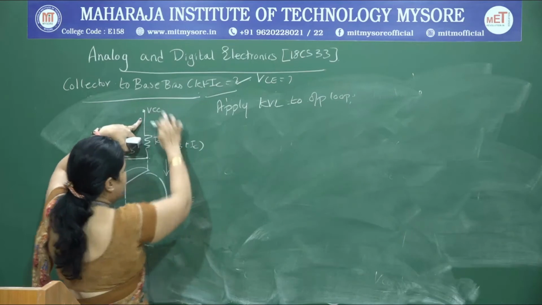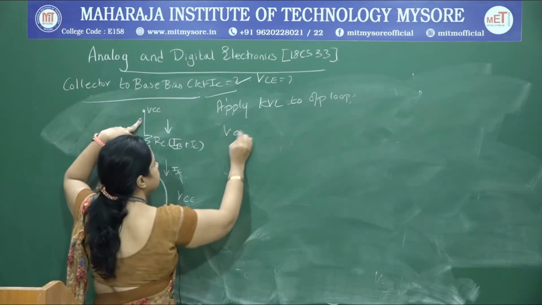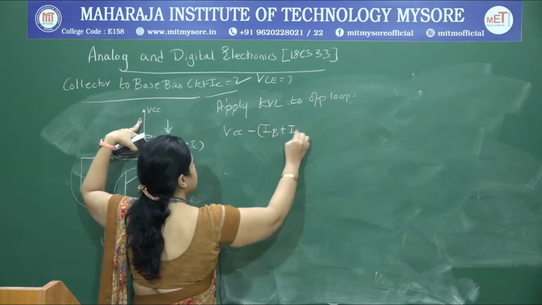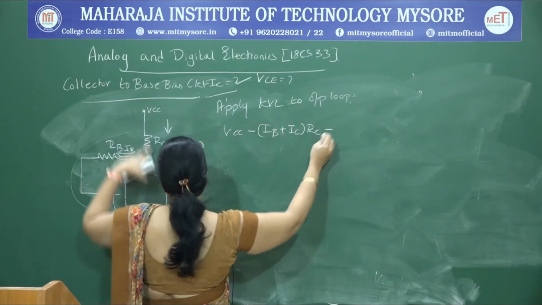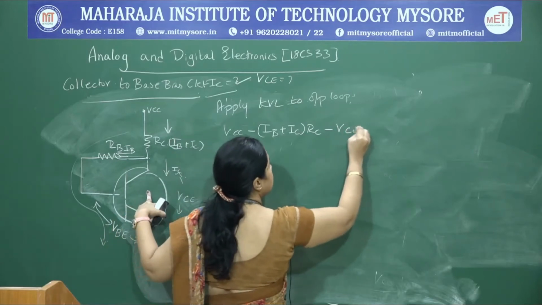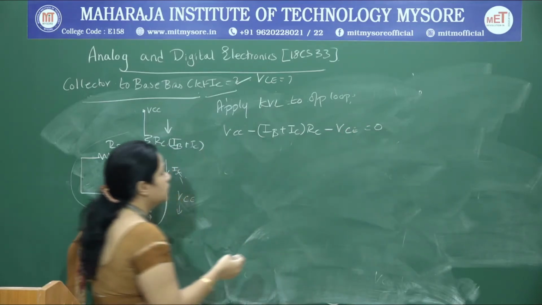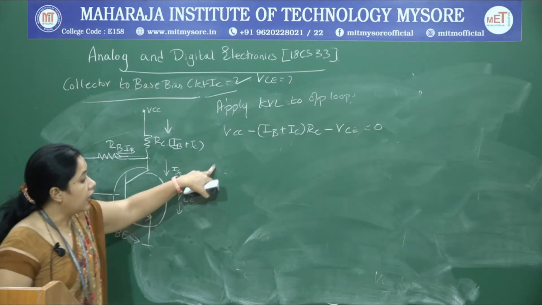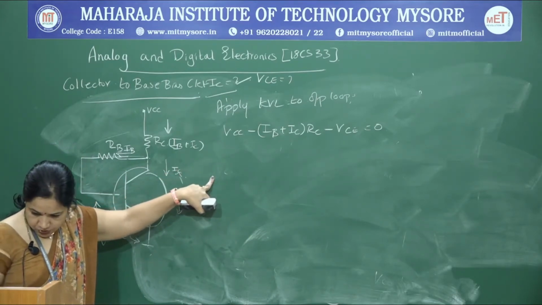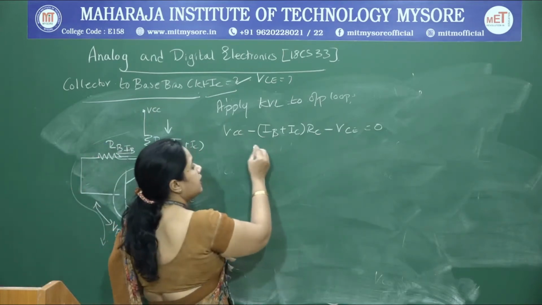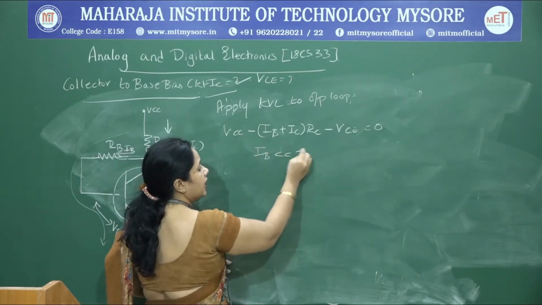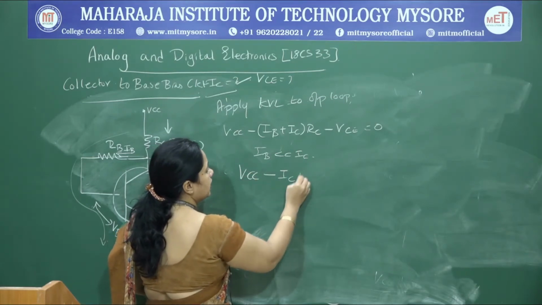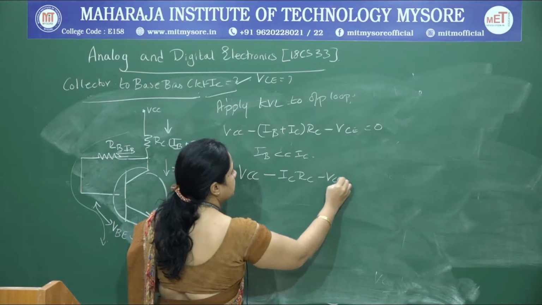You apply KVL to this loop: VCC minus (IB plus IC) into RC minus VCE is equal to 0. Since IB is very much less than IC, I approximate it to VCC minus IC RC minus VCE is equal to 0.